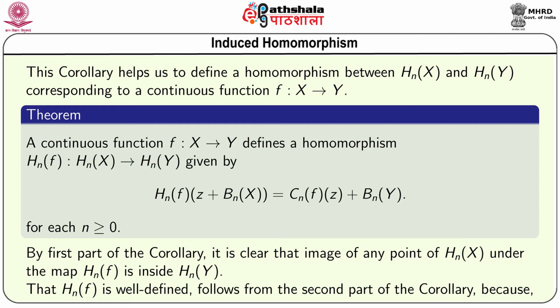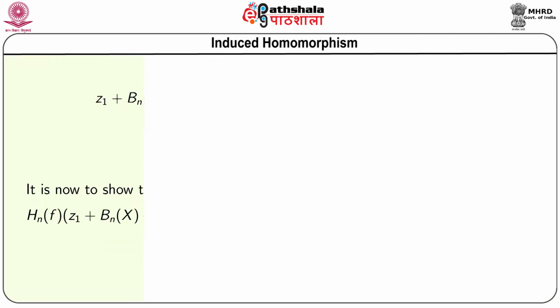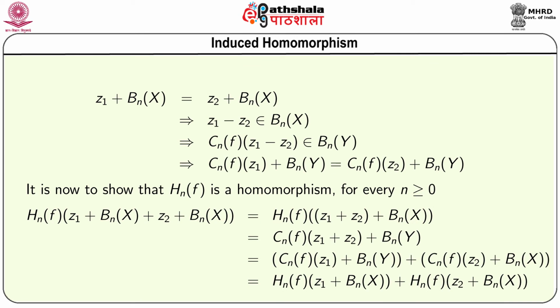Now, the function is well defined. This follows from the second part of the corollary, because if we take two representatives, one is z1 plus Bn(x) and the other one is z2 plus Bn(x), they represent the same element.